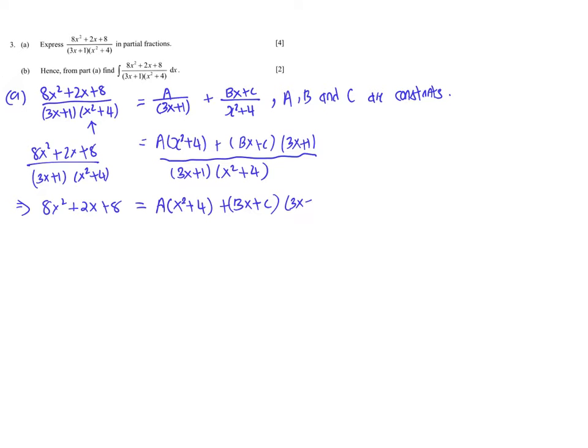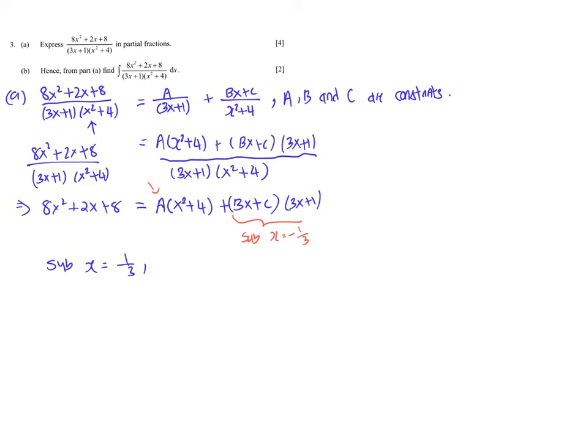From this juncture, some of you might want to compare coefficients to form 3 equations in terms of A, B, and C, and solve. But for me, I recognize that the second term here, if I sub x to be negative 1/3, actually becomes 0. Straight away I will be able to find A. So let's sub x to be negative 1/3.